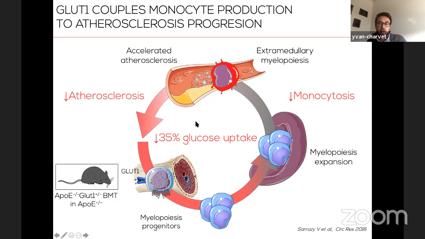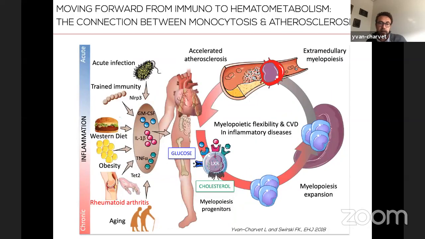We first found a 35% decrease in glucose uptake, not only in the bone marrow, but also in the spleen and in the aorta. This was associated with a decrease in monocytosis and a decrease in atherosclerosis, suggesting that in the mouse model there was a causal link between glucose utilization in the hematopoietic system and atherosclerosis development.